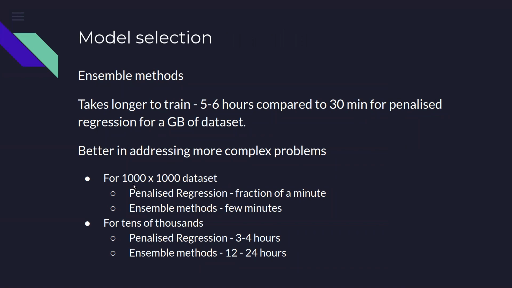And just to give you some hint about what could be the difference in the time taken. If you have a 1,000 by 1,000 data set, it means that you have 1,000 observations and 1,000 features. If you run the regression on that kind of data set, and actually our data set is also not very different from here, so here you have 1 million different data elements.